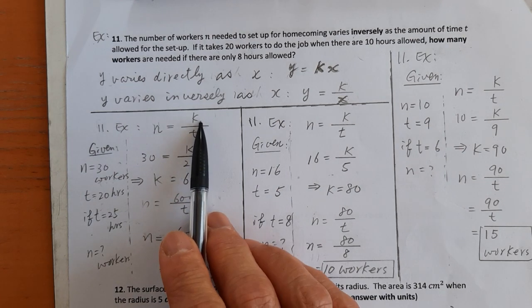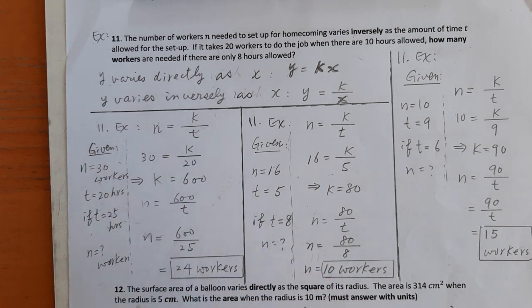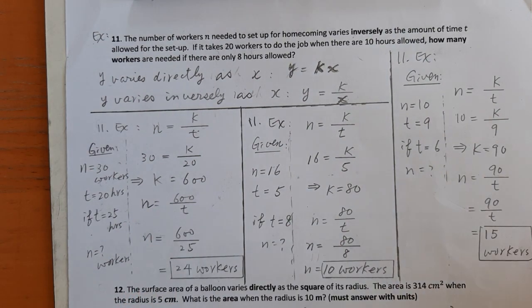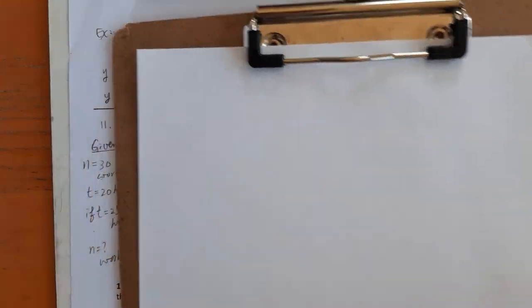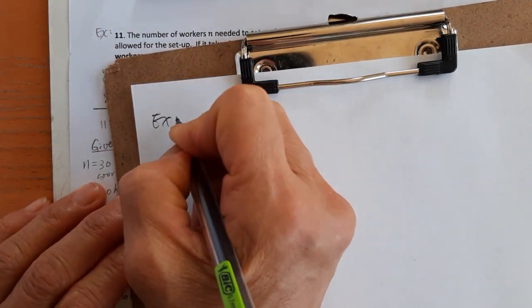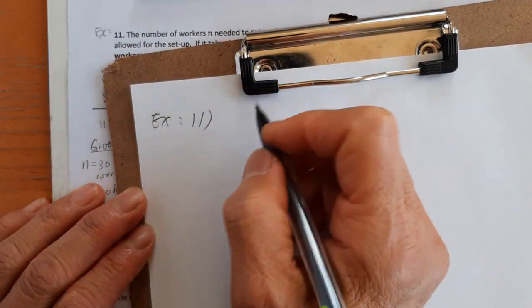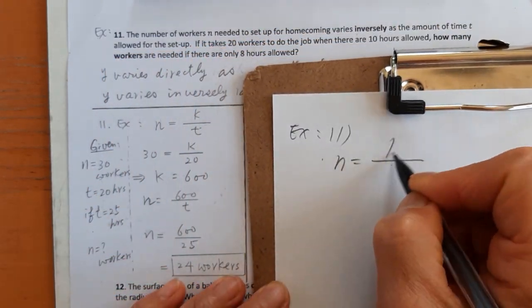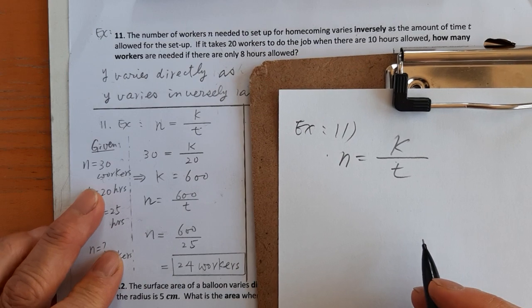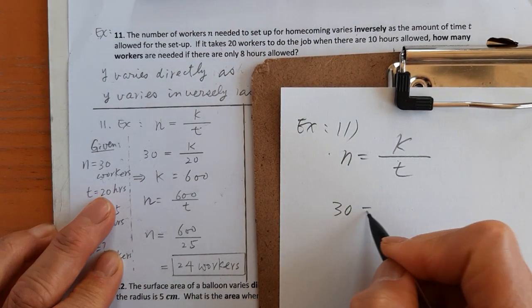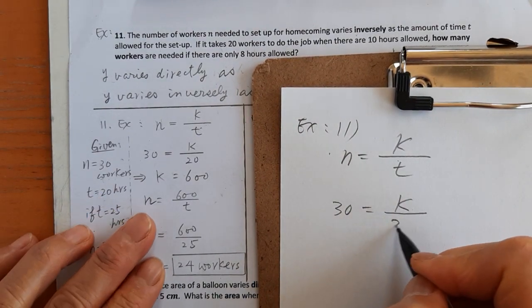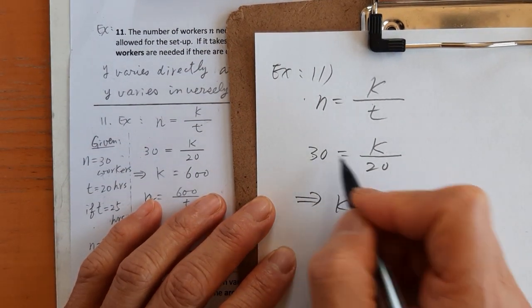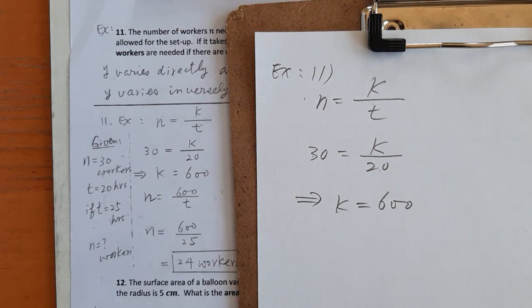Plug it back in. Write down example 11. Given n equals k over t, n is 30 and t is 20 hours, then k equals 30 times 20, which is 600.